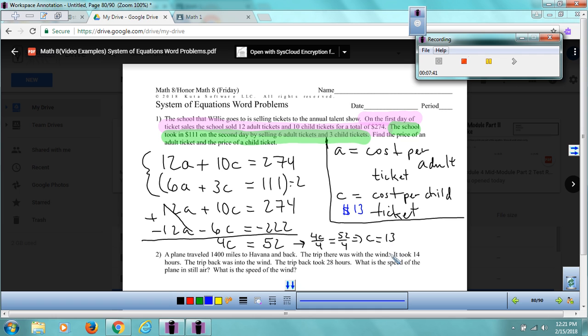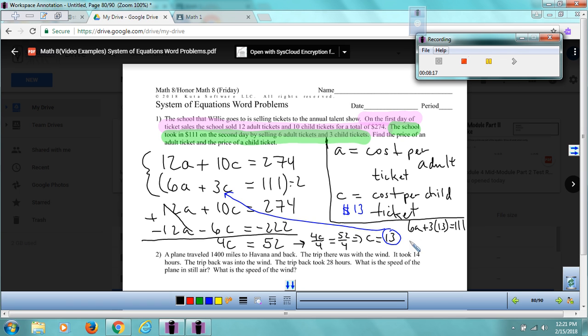And then how do we find the cost of an adult ticket? Well, we're going to take this value for c, 13, and substitute it in. Now, I've got these two equations here. It looks like this bottom one might be the best one. So let's take 13 and plug it in for c here. We're going to write this out. So we got 6a plus 3 times 13, because the child ticket is $13, equals 111.